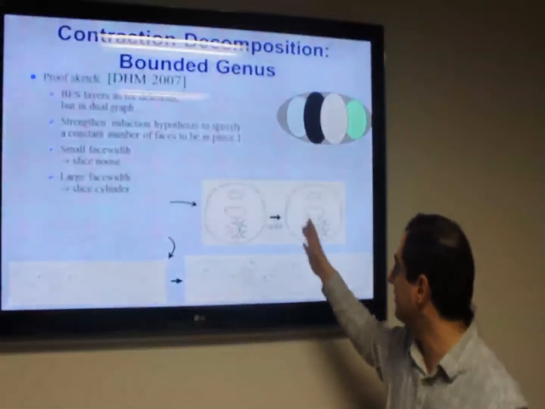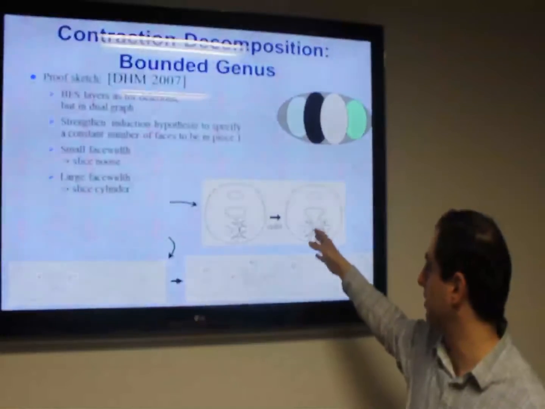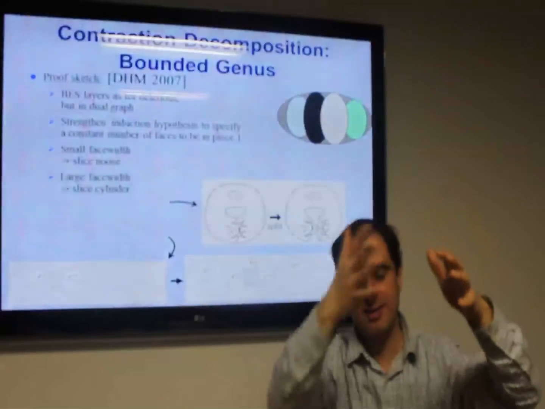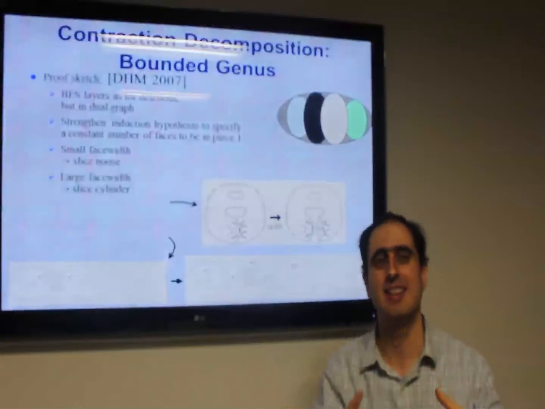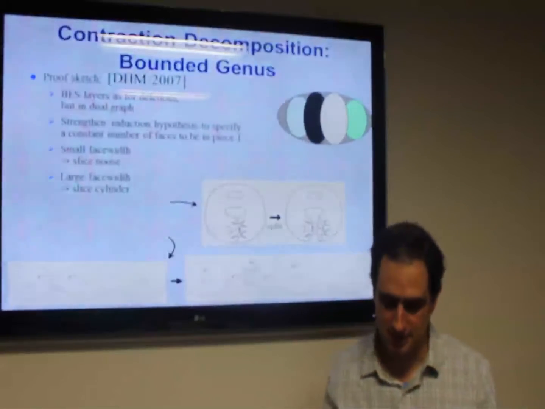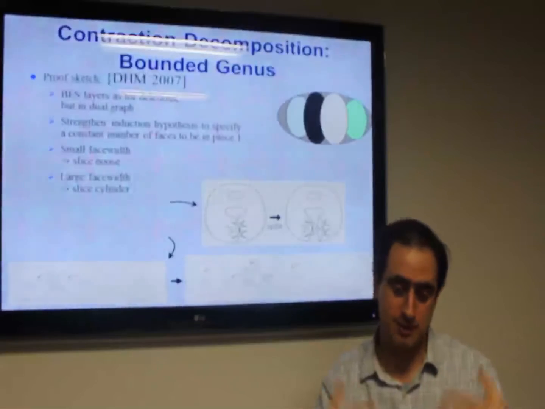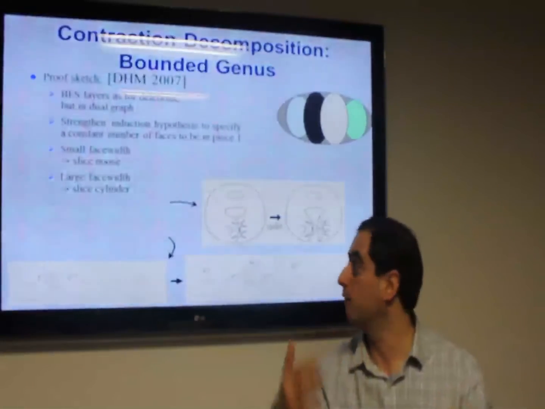You need to cut these handles. You need to do a little bit of topology here, or graph topology, such that you cut these handles. And when you cut any handle, you may increase the tree width. So the tree width will not be as good as for planar graphs. That would be some function of g.